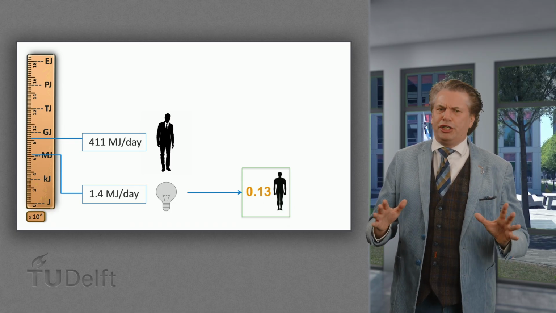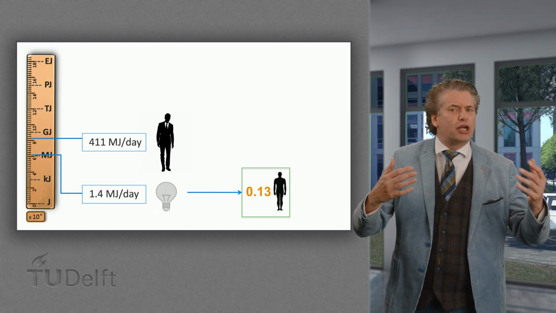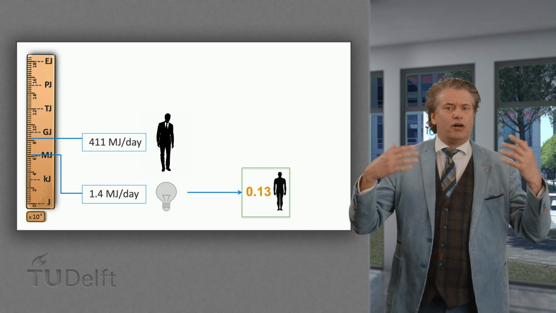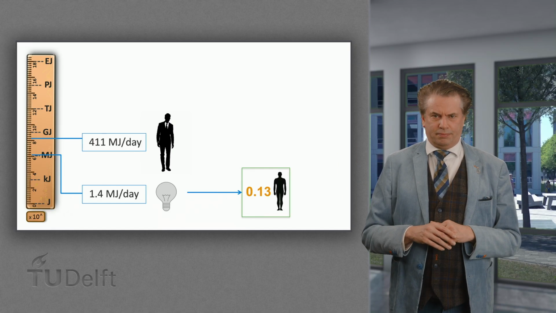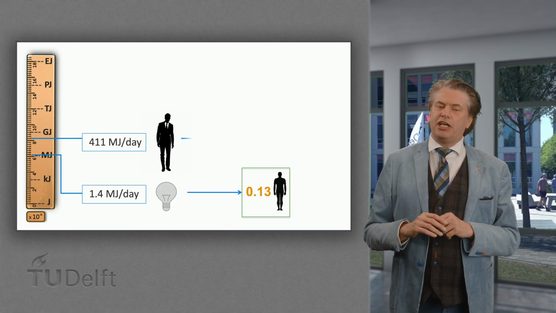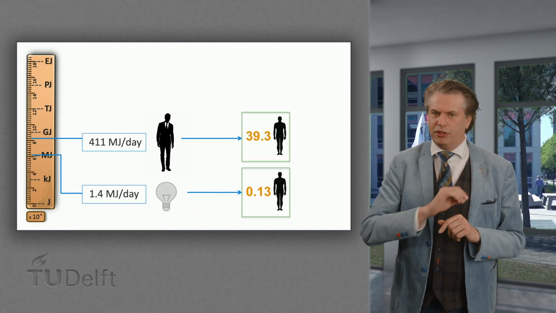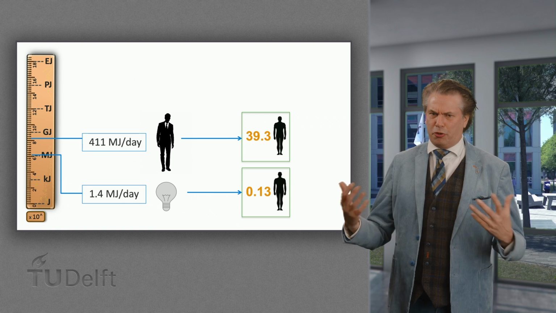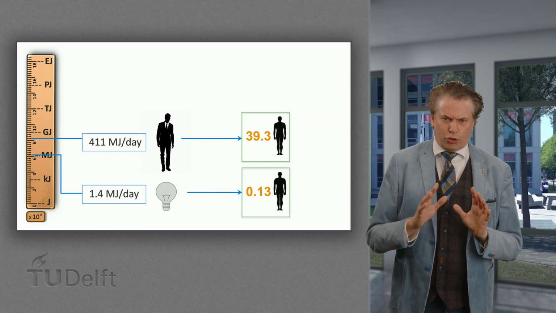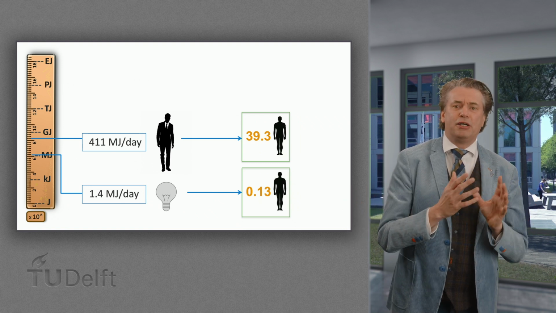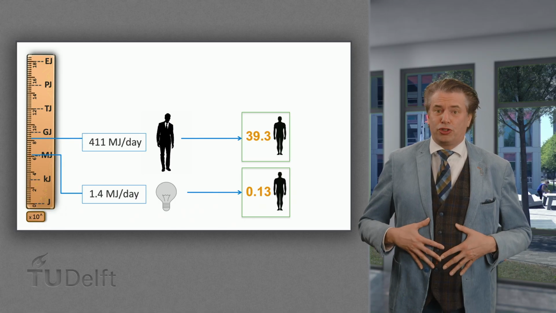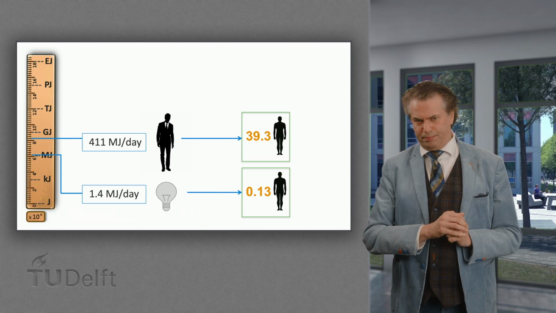This includes the energy used for transportation, cooking, heating, lighting, and other daily activities. In human units, this is equal to 39.3 human units. This means that the average European person consumes almost 40 times the amount of energy required to sustain oneself.